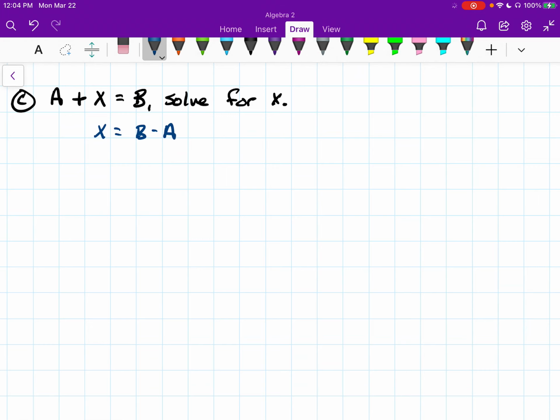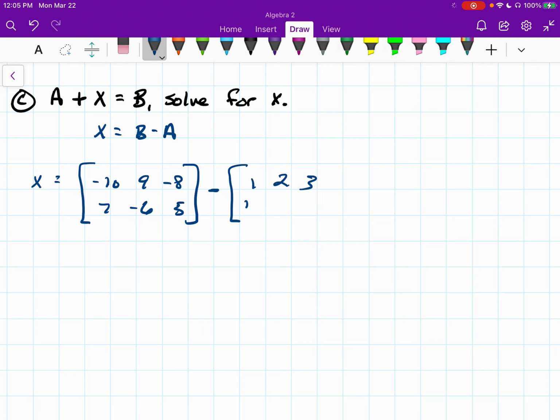Now I'm going to do some fancy algebra so that we can be lazy. Well, you know what? I won't yet. B minus a, so x is going to be equal, and I'm just going to plug in and do it by hand. B is negative 10, 9, negative 8, 7, negative 6, and 5, minus a, which is 1, 2, 3, 4, 5, 6.